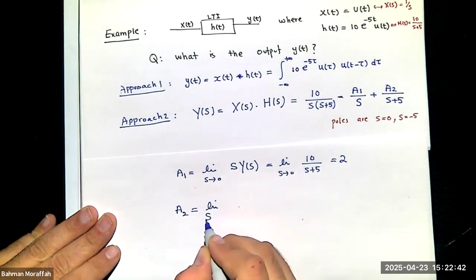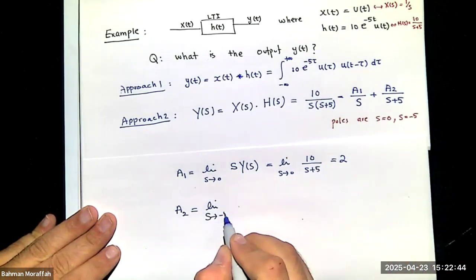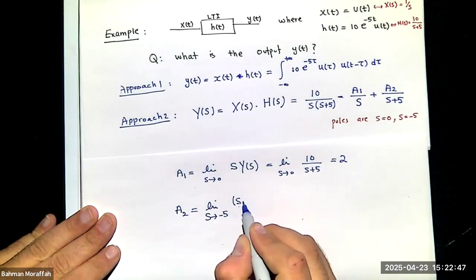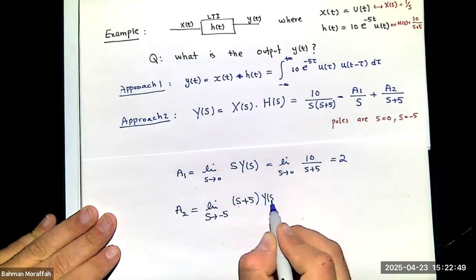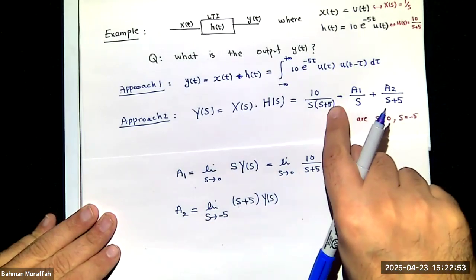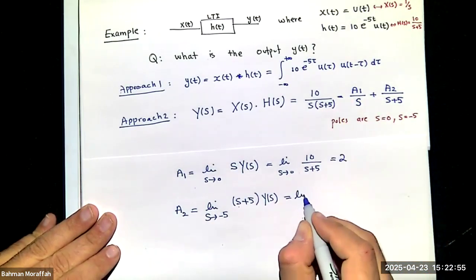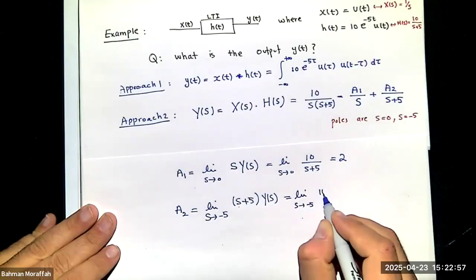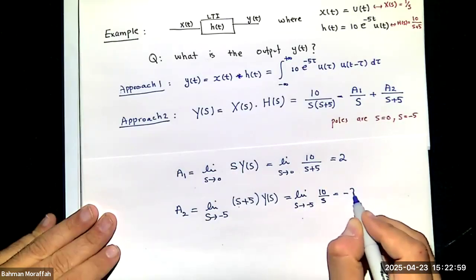A2 is the limit when s goes to the pole, negative 5, of s minus the pole, so it's s plus 5, times y of s. This s plus 5 cancels this s plus 5. So it is 10 over s, which is negative 2.